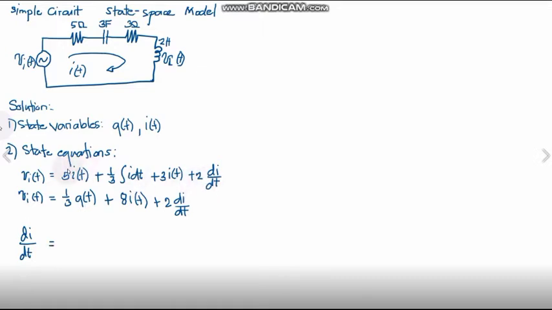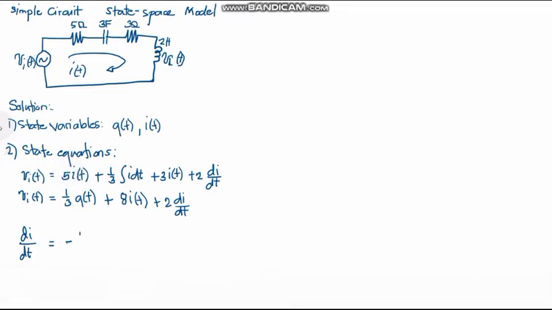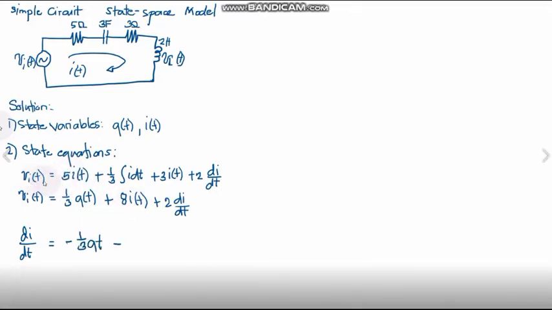The KVL is given by v(t) equals the voltage drop at the resistor, 5 times i(t), plus the voltage drop across the capacitor, 1 over 3 integral of i dt, plus the resistor again, 3 i(t), and for the inductor, 2 di/dt.